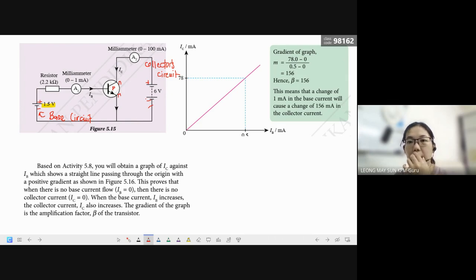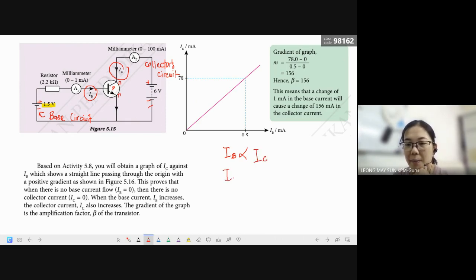Over here, they carry out the activity to determine the current entering the base and the current entering the collector. From the data collected, it should come out directly proportional. IB, the base current, is directly proportional to the collector's current. Why?